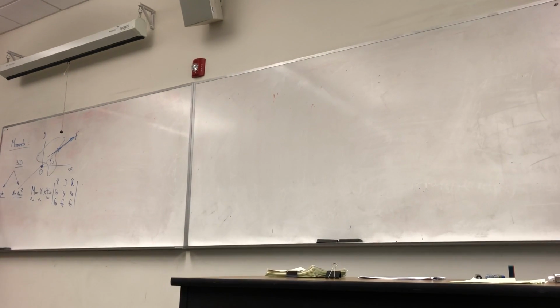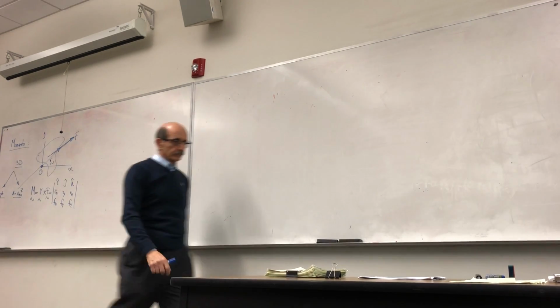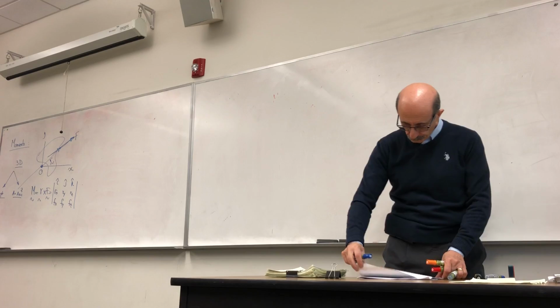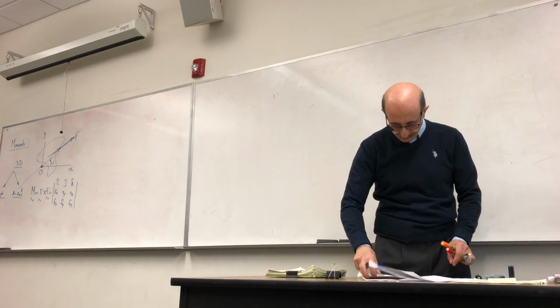So let's first do a problem on that, and then we will talk about moment about an axis. I have a good problem that I have selected here, so I'm going to start with that.